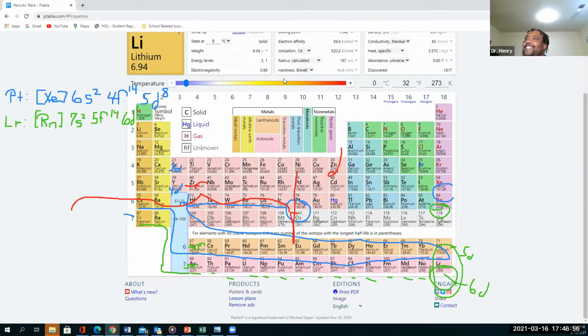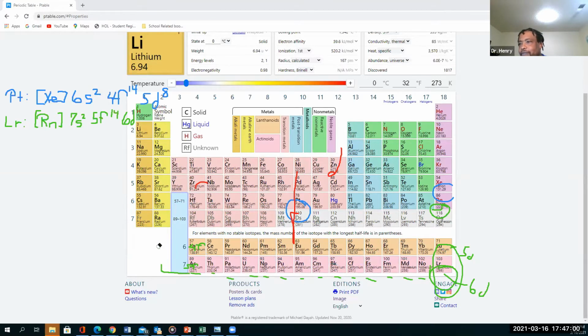Okay, so now let's clean this up a little bit. As I said, the core: the electrons that are all in that core are locked up. We don't want to use those for anything. We want to save those for the atom itself.